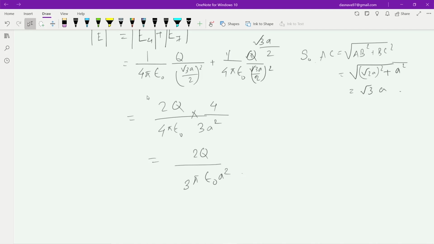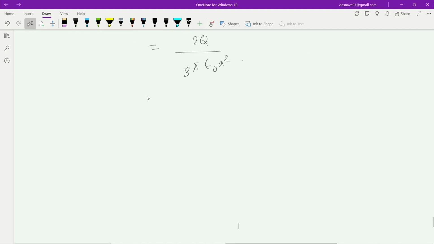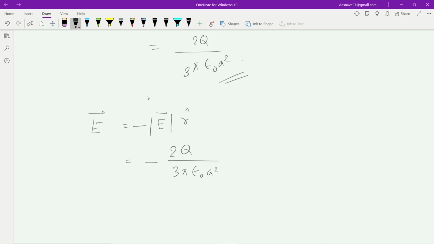Now, if we write this electric field in vector form, then E vector equals minus of mod E into r cap, which equals minus the magnitude of electric field we found, 2q by 3 pi epsilon naught a square, and this r cap, if we consider it as a unit vector, will be x cap plus y cap plus z cap over root of 1 plus 1 plus 1.